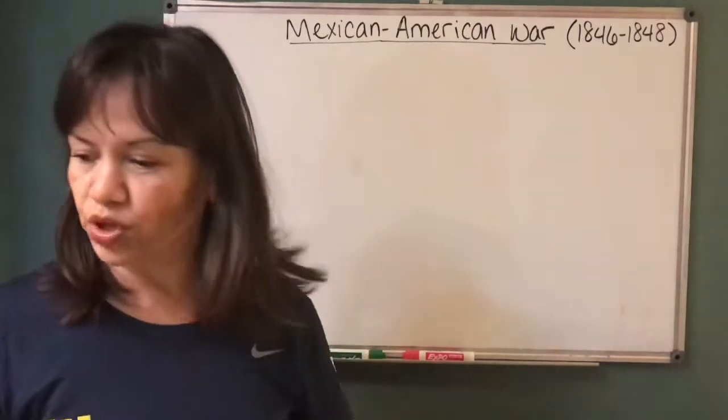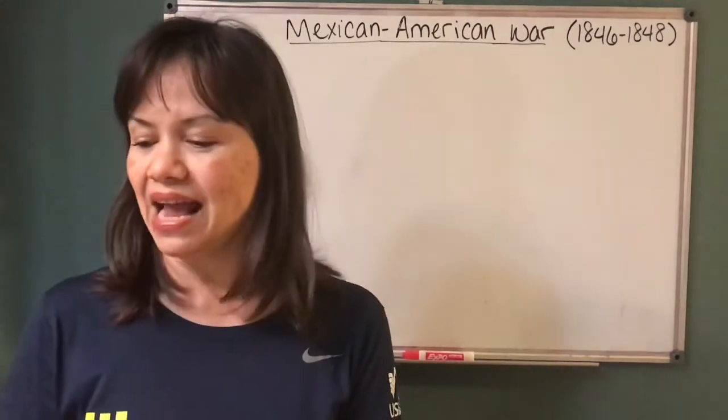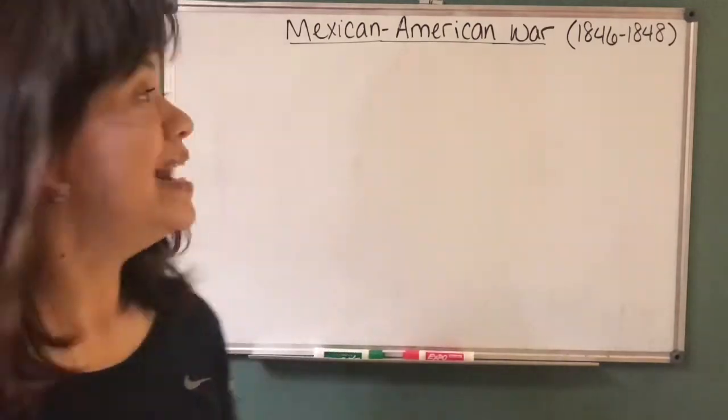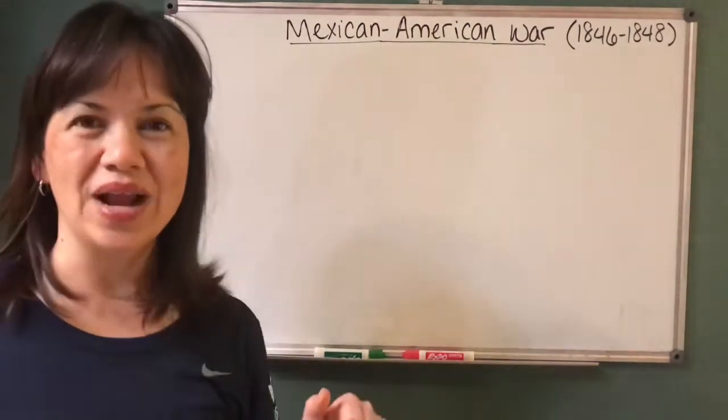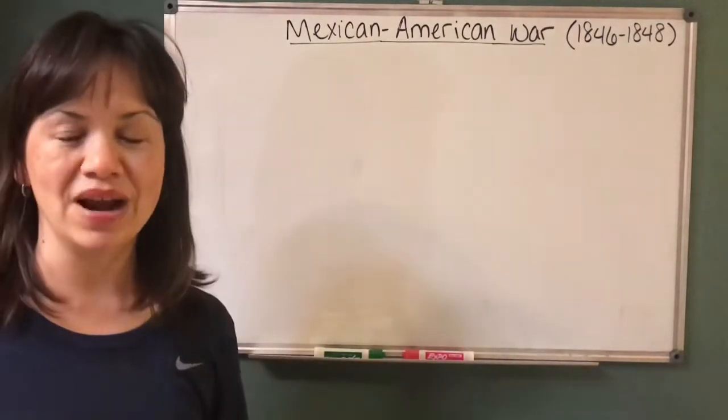So we talked about how the first governor of Texas was James Pinckney, and now it is a state. Pretty soon after Texas was annexed to the United States, we come to the Mexican-American War.